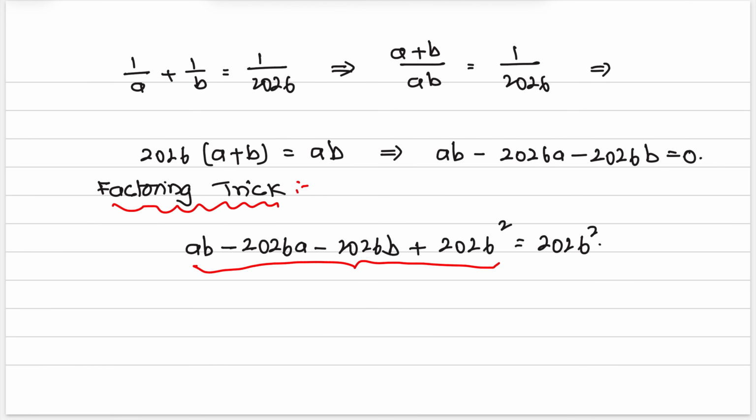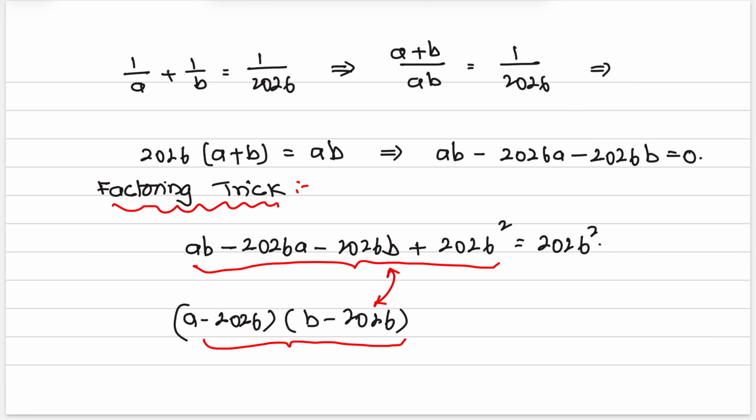What is the factorization of this? (A minus 2026) into (B minus 2026). This is from preliminary algebra. If you expand this, we will get this one. That is equal to 2026 whole square.